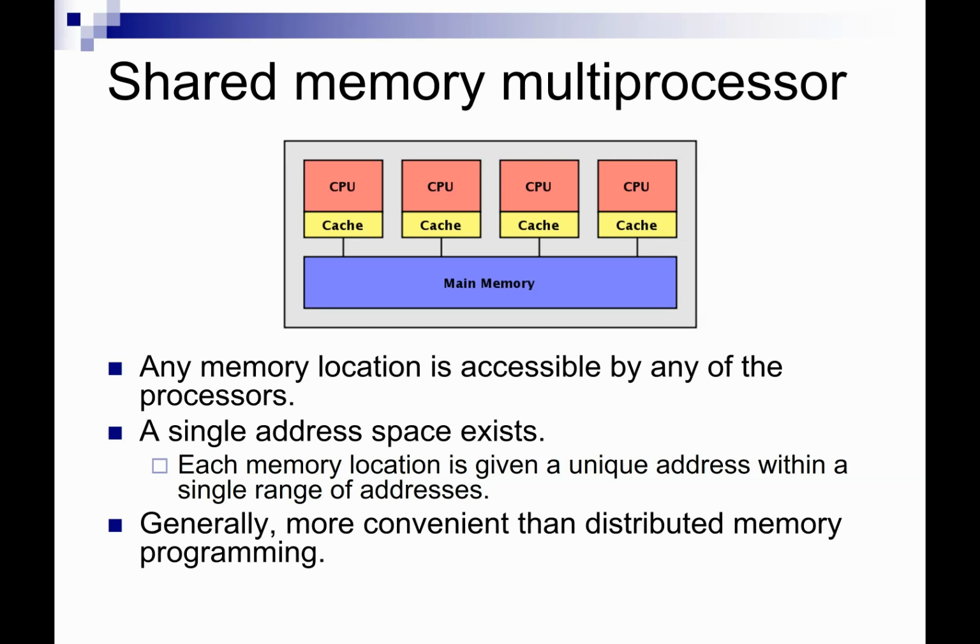You might have a few dozen, maybe up to a few hundred. But because you have fewer processors, they're usually more directly connected to each other, and so you have higher bandwidth between these processors. So you can often achieve higher performance per processor, at least, on these shared memory processors.